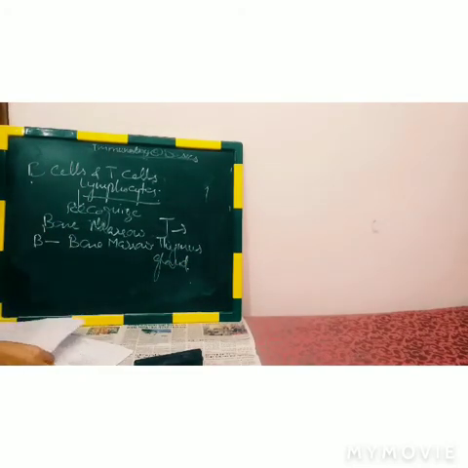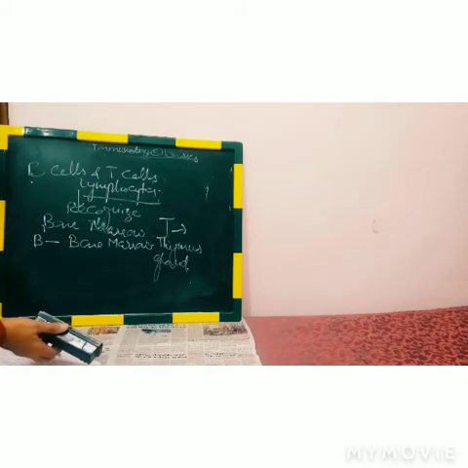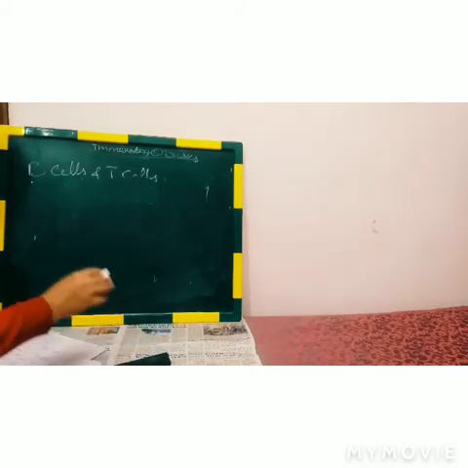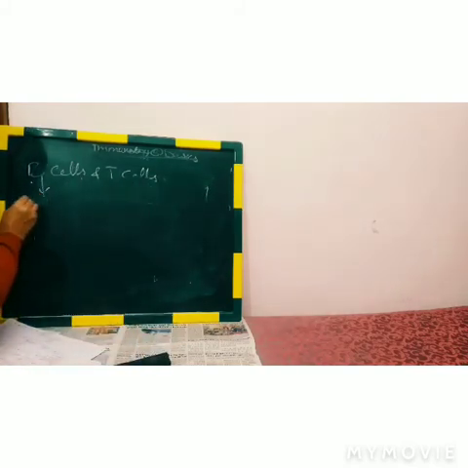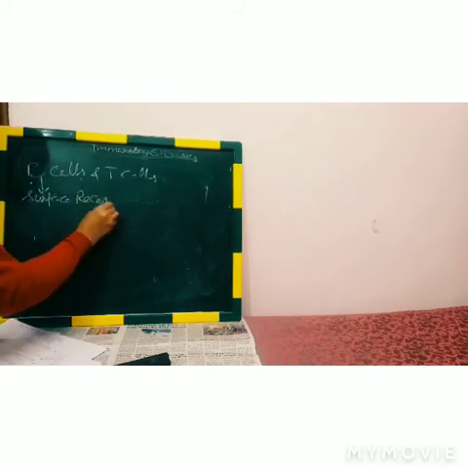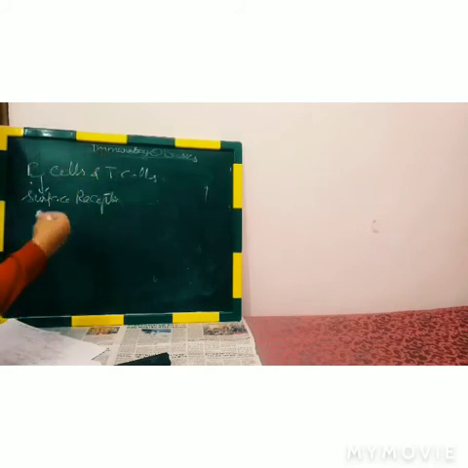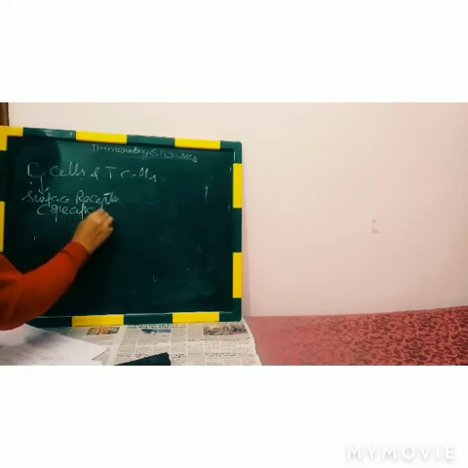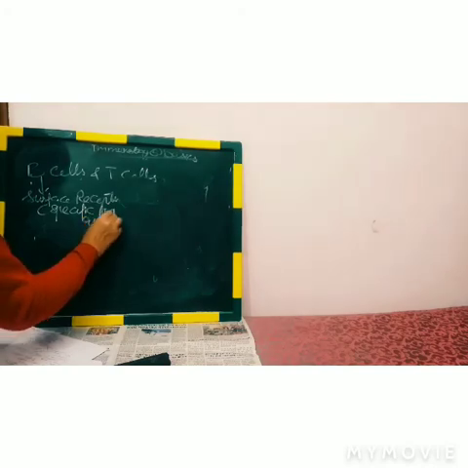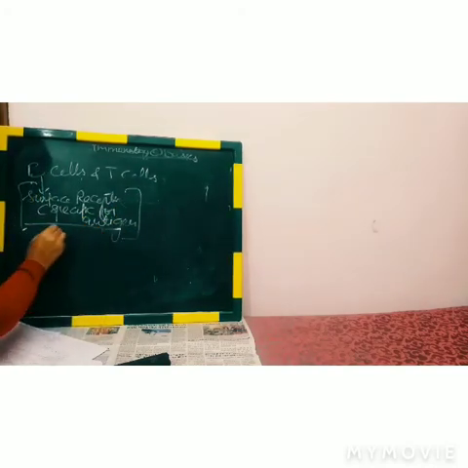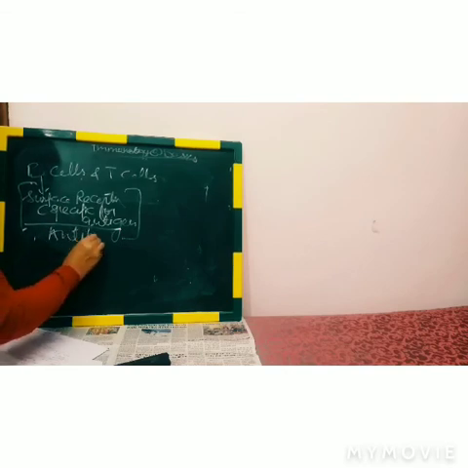So how do they behave now? The B lymphocytes, B cells, express antibody. They have a surface receptor which is specific for a particular antigen, and that specific receptor is basically the antibody.